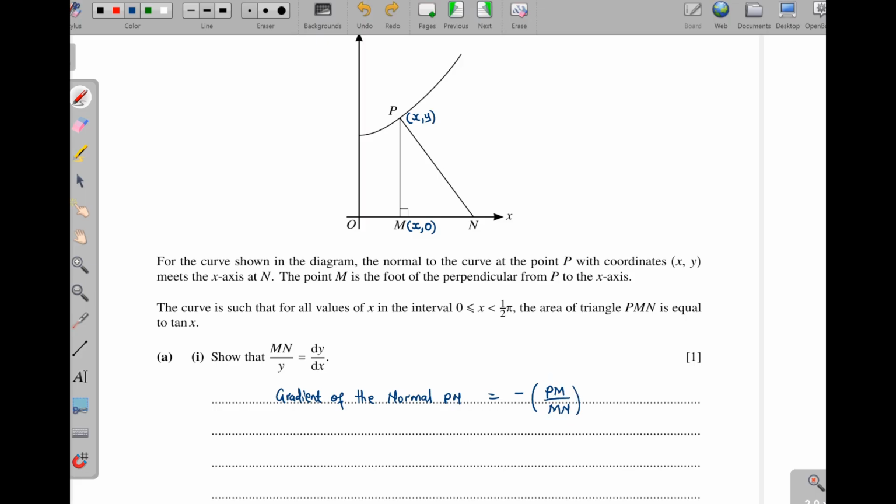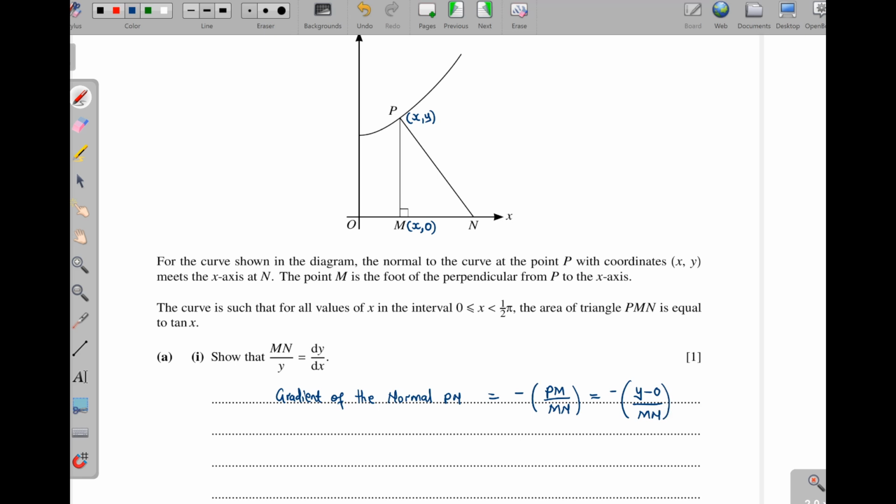What will be the change in y? The change in y is going to be this y minus the 0, then out of the change in x, which is MN. I don't know the x coordinate of this N, and these two do not have the same x coordinate. So I'm just going to leave this one as MN.